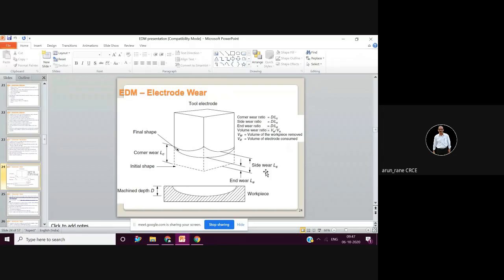And there are mathematical models also, that define corner, side, and end wear ratio. So the diagram is clear here. You can have a look.